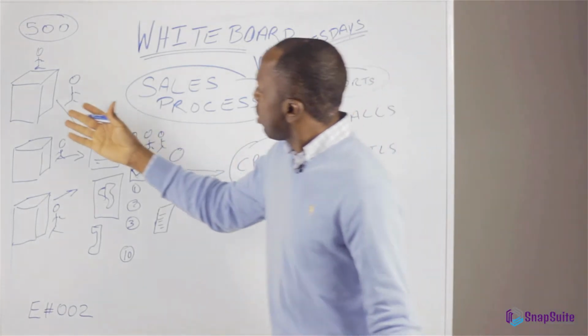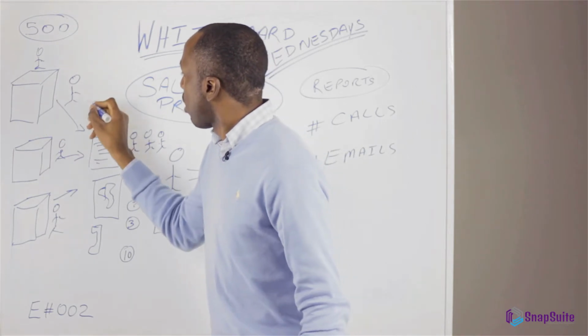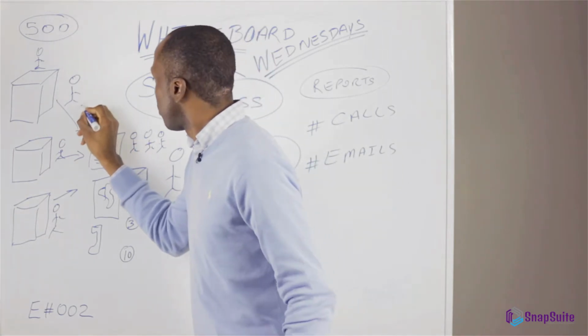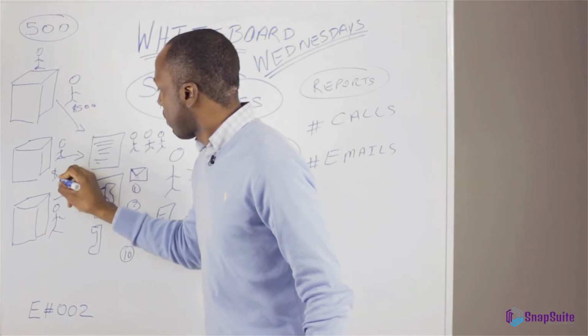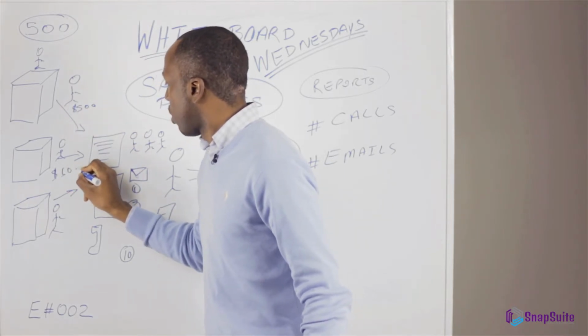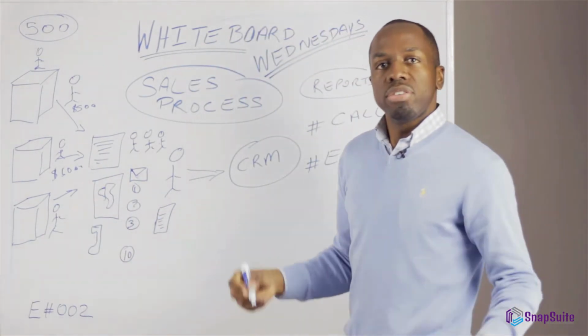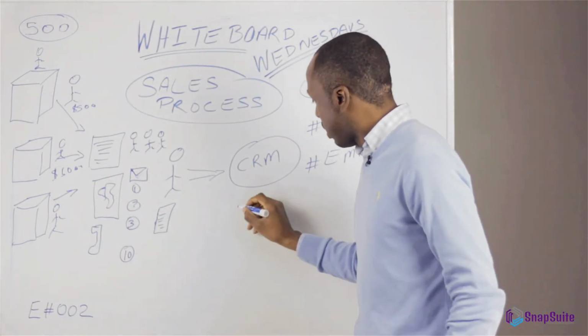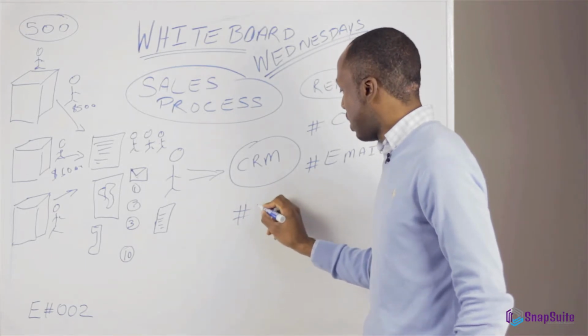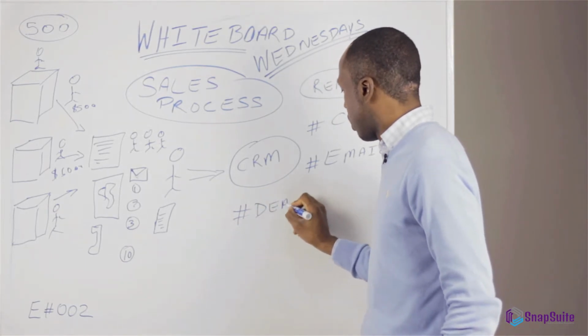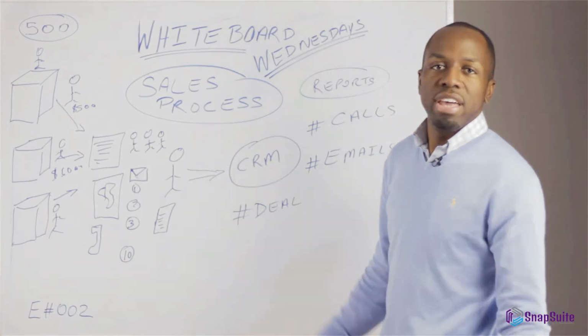Well, let's say you close, this is a $500 deal. I keep going back to the number 500. Let's say this is a $500 deal. This is a $1,000 deal, okay? You could start keeping track of the size of the deals. Number of deals and the size of deals, okay?